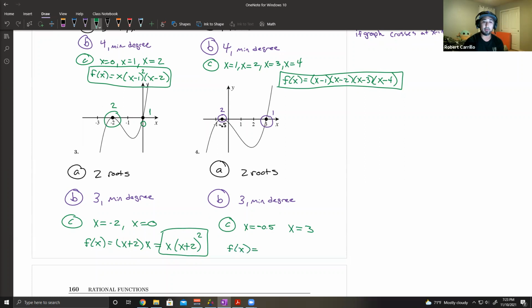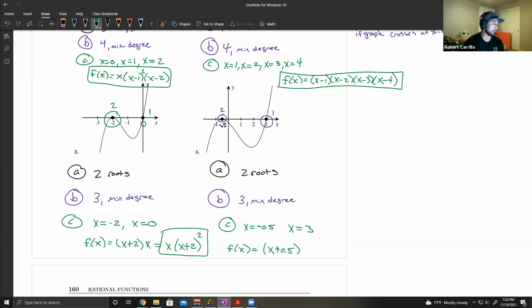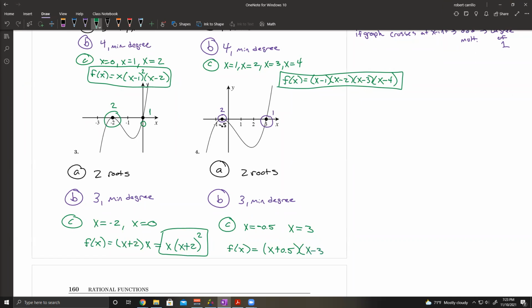For negative 0.5, what would I write? x plus 0.5. And what would I write for x equals 3? x minus 3.